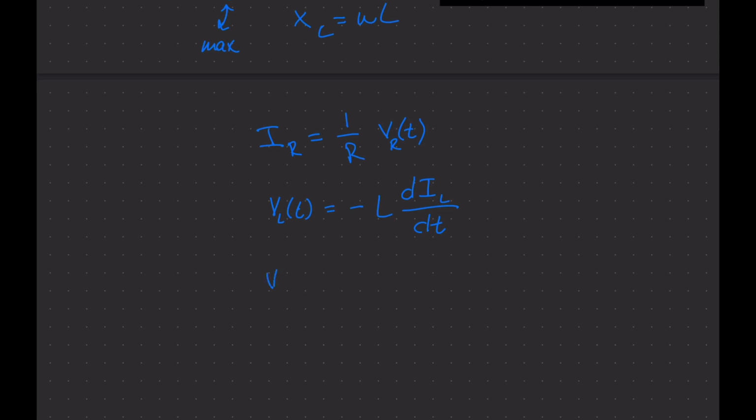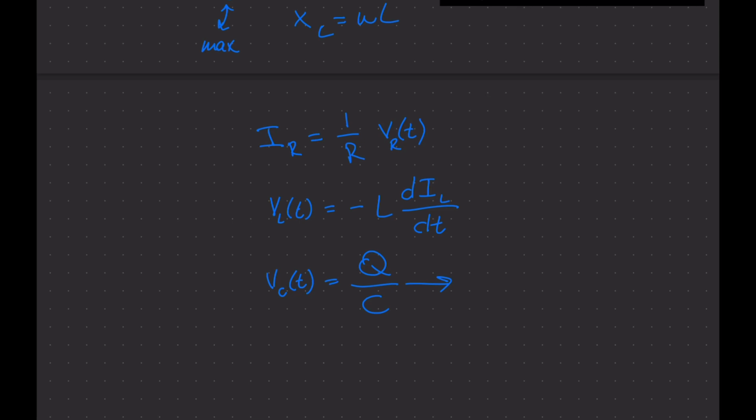And then we can also take a look at the voltage on the capacitor, which looks like this: Q equals CV. So it would be Q over C. And if you remember this, if you take a derivative of that, you get a current over C. Let me write that equation over here.